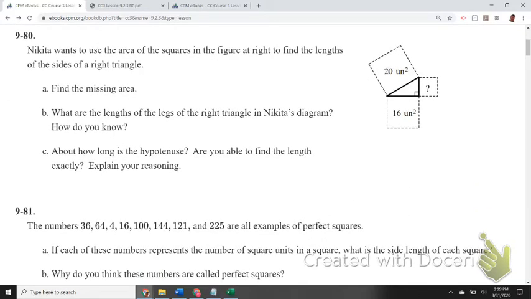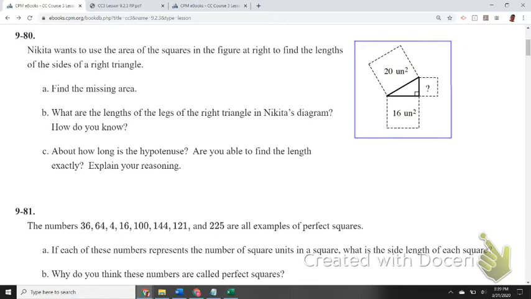It says Nikita wants to use the area of the squares in the figure at the right to define the lengths of the sides of a right triangle. If you take a look at this diagram here, it's giving you 3 different squares.